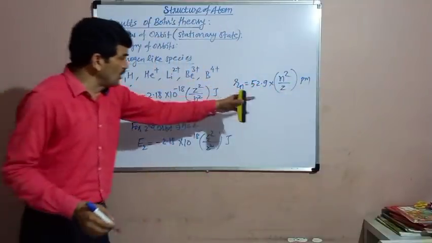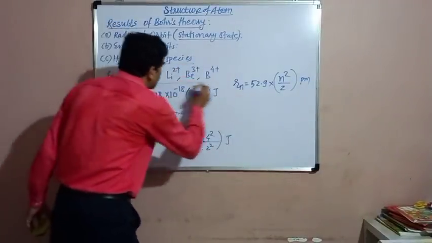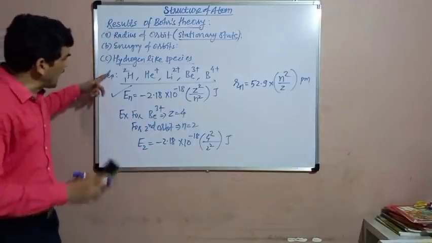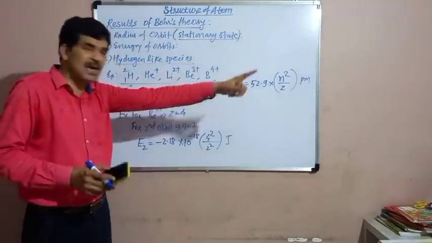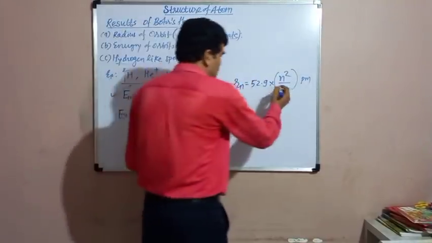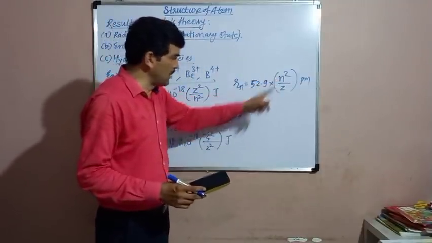This is the formula to calculate the radius of any orbit in the hydrogen-like species. For these species, if we have to calculate the radius of any orbit, then we can use this formula, where n is the principal quantum number.